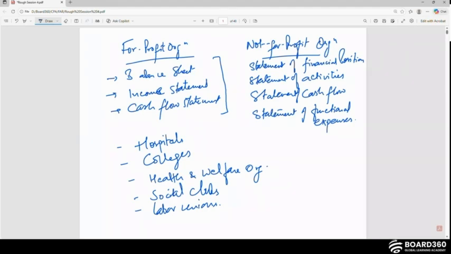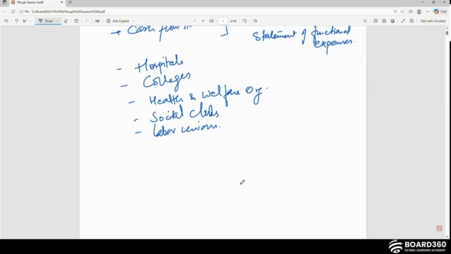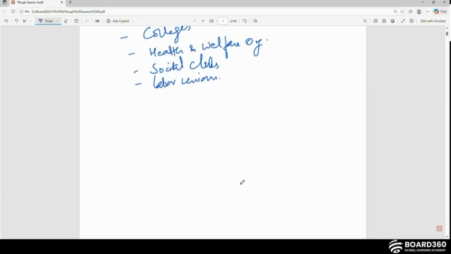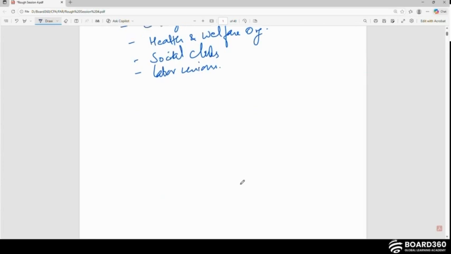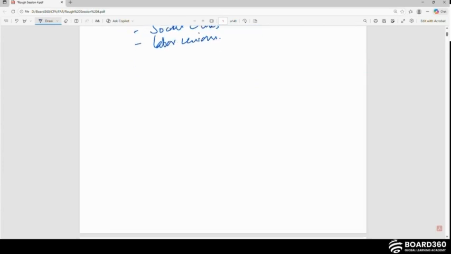Now, before moving ahead, we should know basic information about certain things that are part of these statements. First and foremost is contributions. Obviously the not-for-profit organization will run through the contributions made.